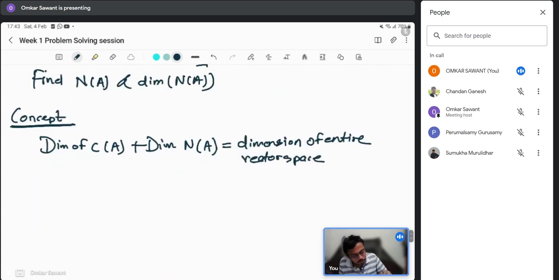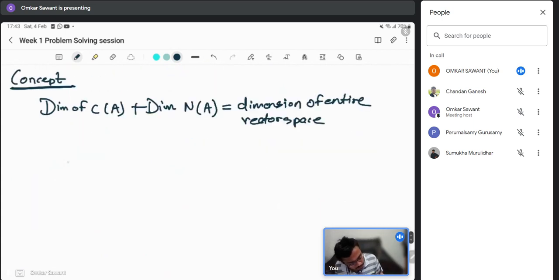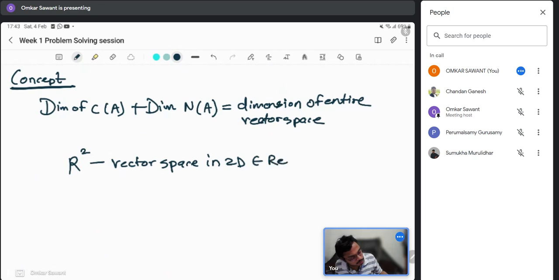If I am asking you, this is how many dimensions of vector space? This is a vector space in two dimensions, for belonging to real values. Okay.